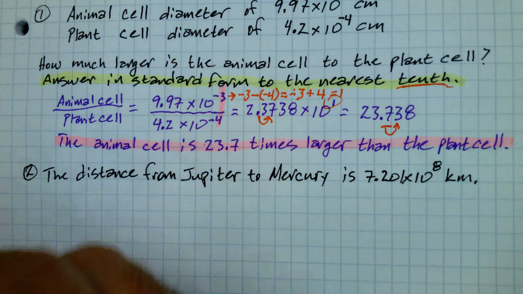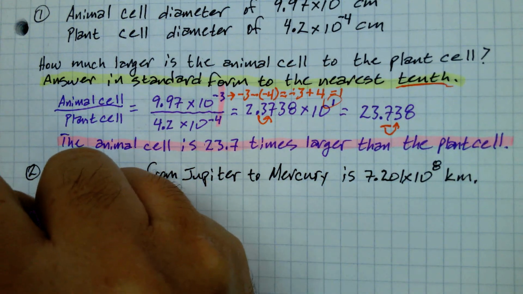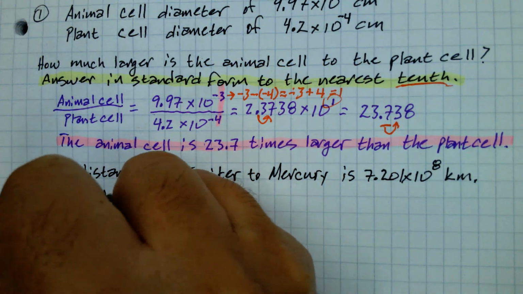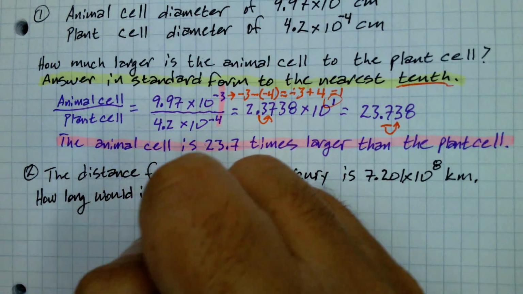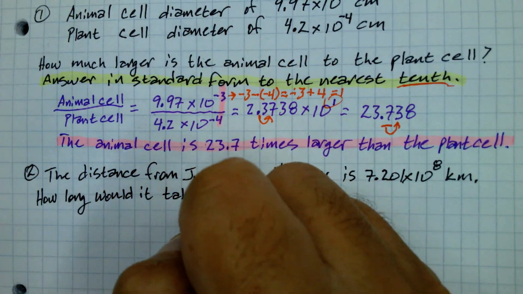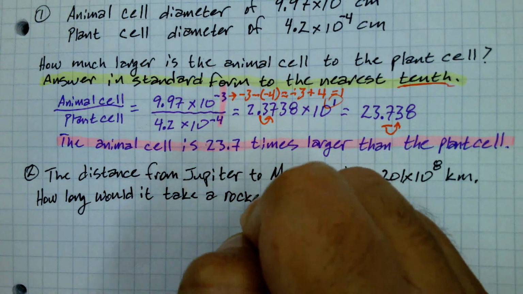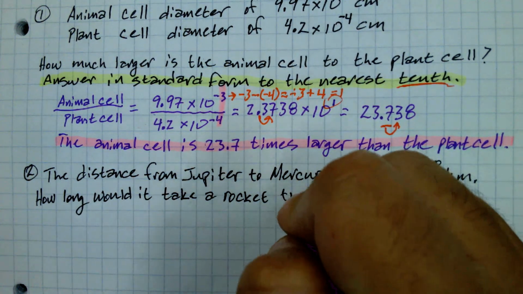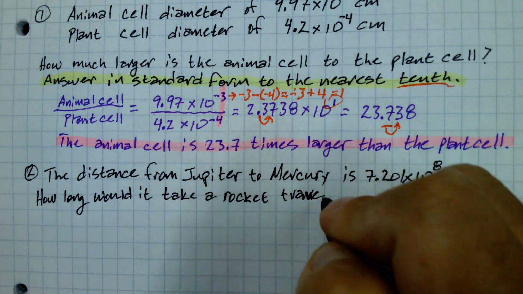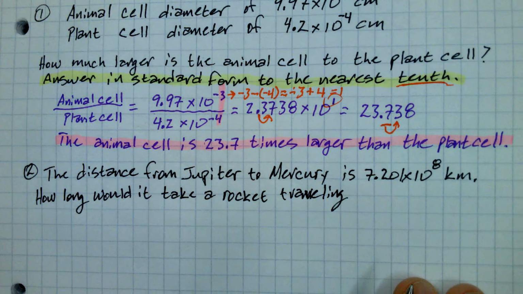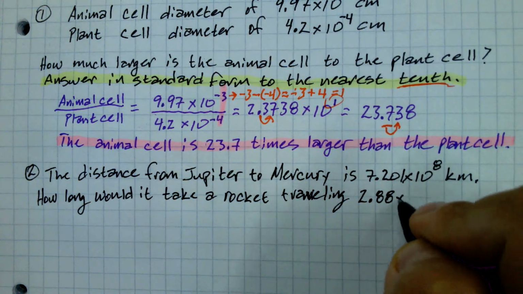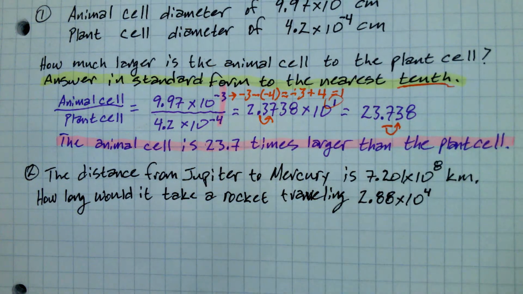Okay, here's the question. How long, so it's asking for time, how long would it take a rocket traveling 2.88 times 10 to the 4th kilometers per hour?